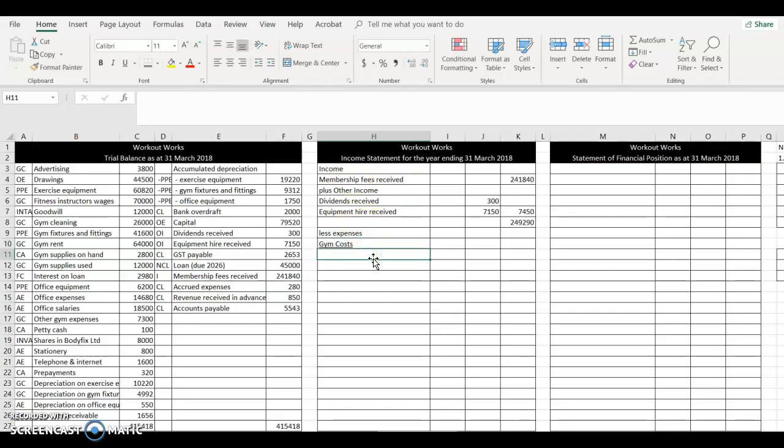So the gym costs, we're going to take anything that has GC next to it here. Advertising, fitness instructors' wages, gym cleaning, gym rent, gym supplies used, other gym expenses, and the depreciations.